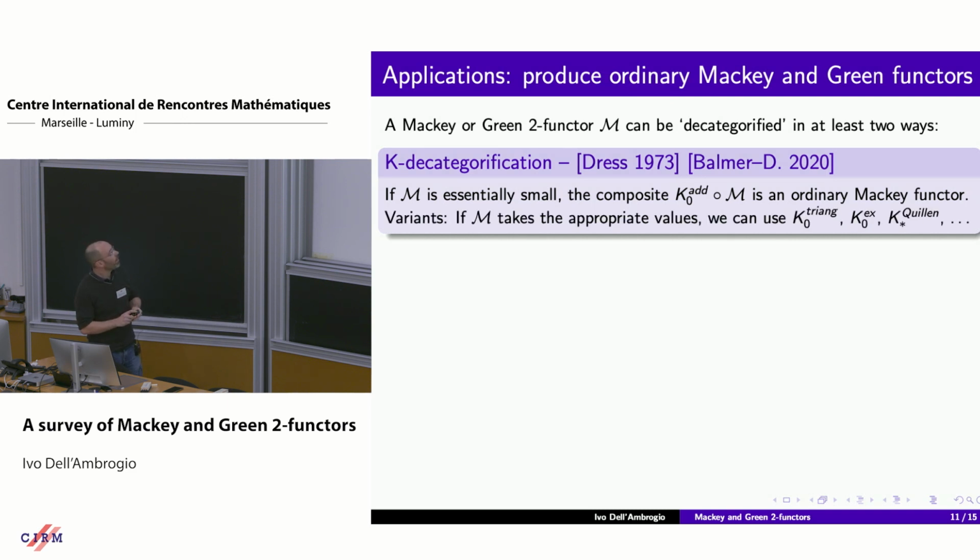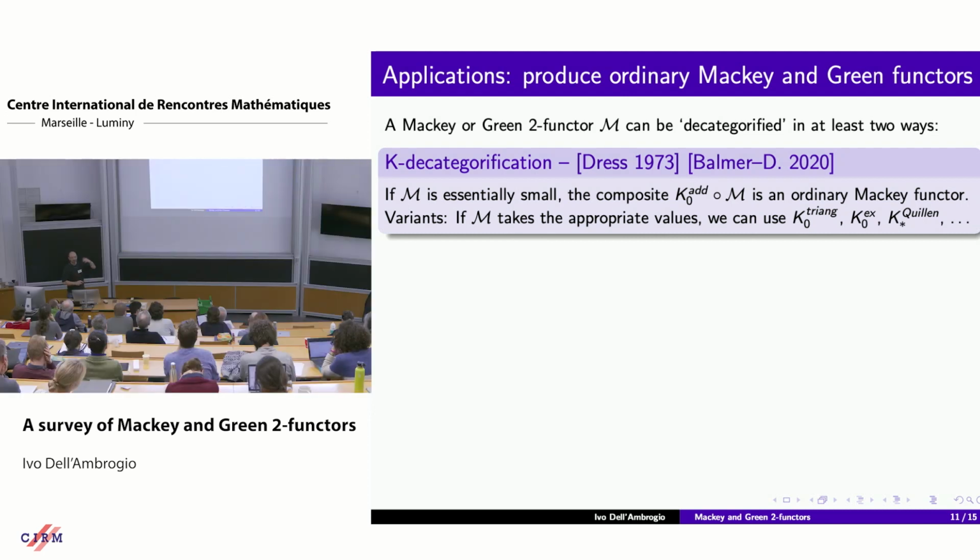Or if you vary the target, so if you land in triangulated categories, you can take triangulated K0, exact categories, you can do the exact K0, or since you're at it, with exact categories, you can take higher Quillen algebraic K-theory, right? Any such decategorification immediately gives you an ordinary Mackey functor. A global one, I should say, okay?